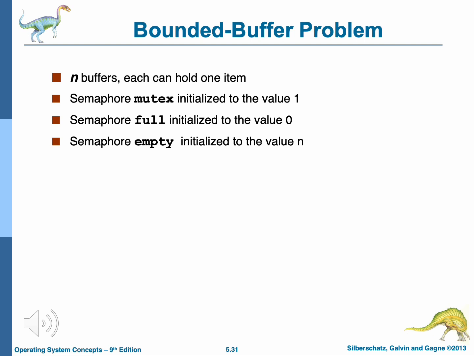The mutex semaphore provides mutual exclusion for accesses to the buffer pool and is initialized to the value 1. The empty and full semaphores count the number of empty and full buffers. The semaphore empty is initialized to the value n. The semaphore full is initialized to the value 0.